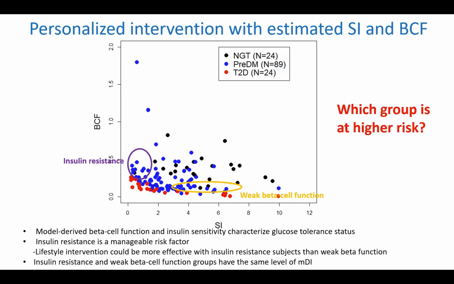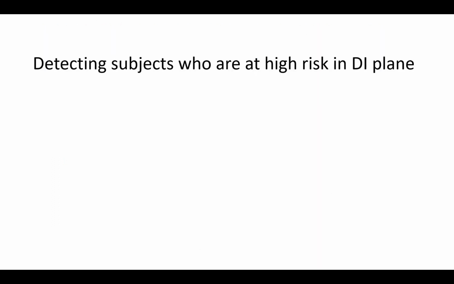So the question is, which group is high risk? This is kind of out of question in terms of MDI. So now we're going to detect the subjects at high risk in the DI plane.